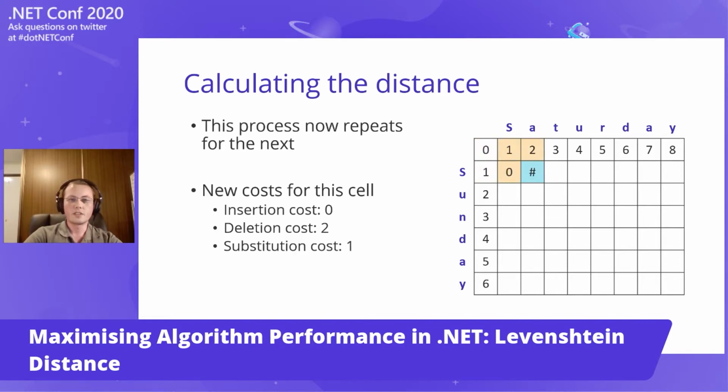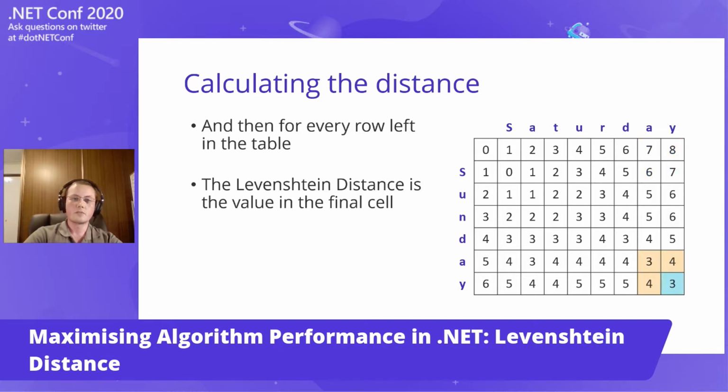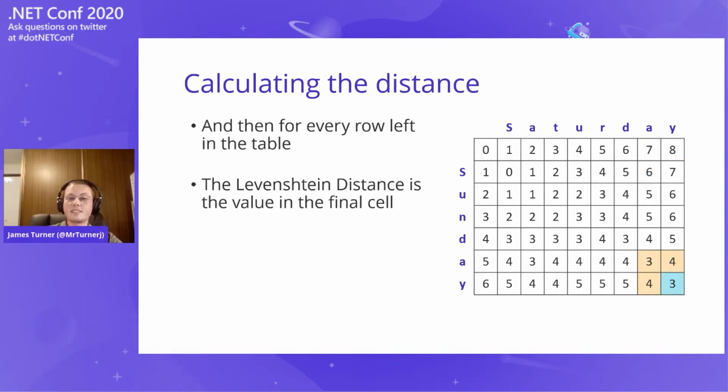We have an insertion cost of 0, a deletion cost of 2, and a substitution cost of 1. Following the same formula on the previous slides, this gives us the result of 1. Repeat this process for every cell in the row, and repeat that for every row in the table. The Levenshtein distance is found in the last cell in the bottom right corner. This means that the Levenshtein distance for Saturday and Sunday is 3.